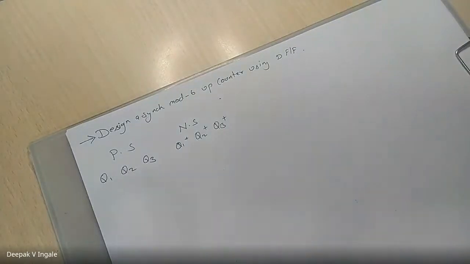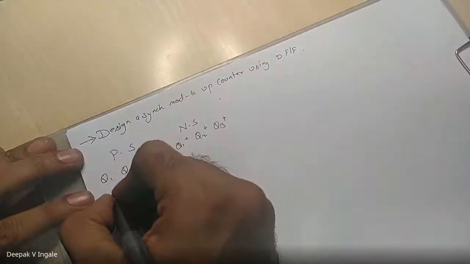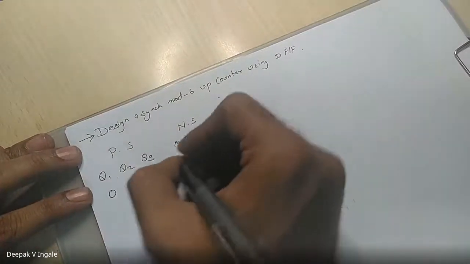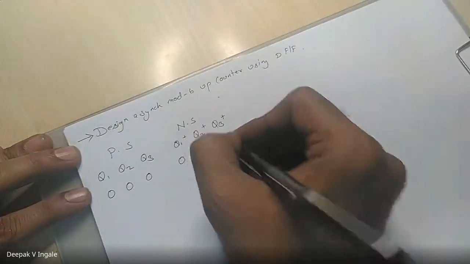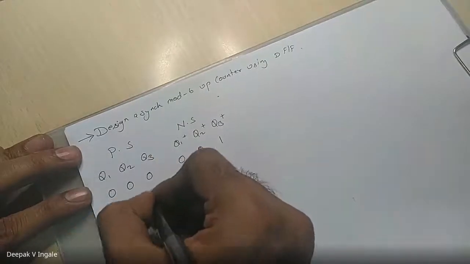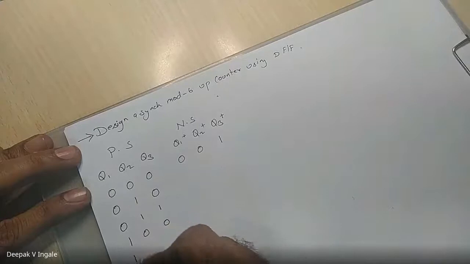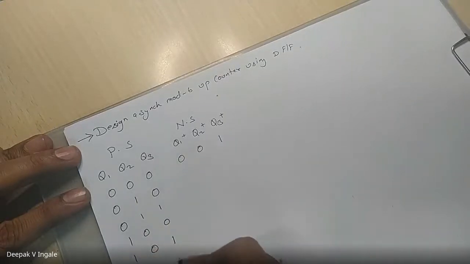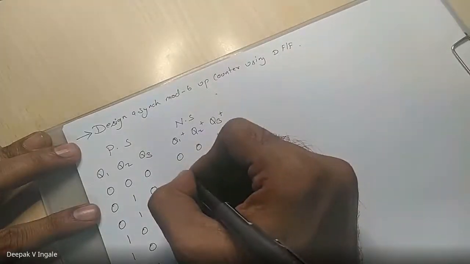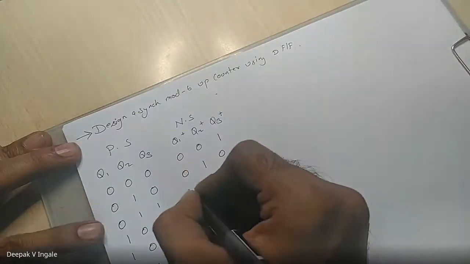So mod 6 would count between 0 to 5. So start with 0, up counter: 0, 0, 0, 0, 0, 1, 0, 1, 0, 0, 1, 1, 1, 0, 0, 1, 0, 1, 1, 1, 0, 1, 1, 1. Right? So next state is 0, 1, 0.